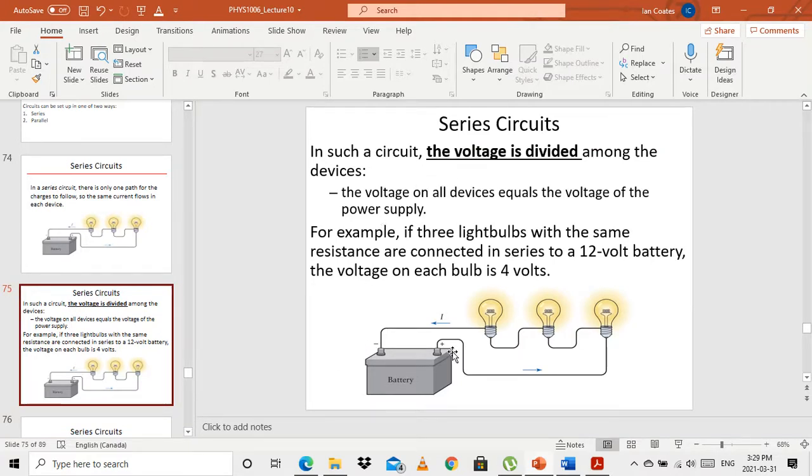So in a series circuit, the voltage is divided, okay, among the devices. The voltage in all devices equals the voltage of the power supply.